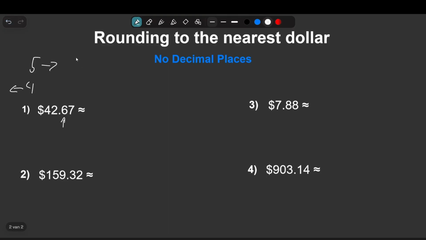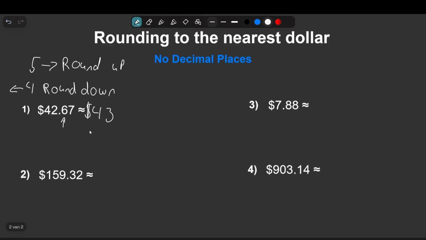Let me write this down for you guys. Round up and round down. In this case, we have a 6. We know that 6 is higher than a 5, so this means we are going to round up. We just round up by 1, and we will get an answer of $43.